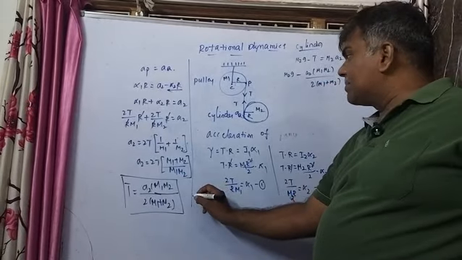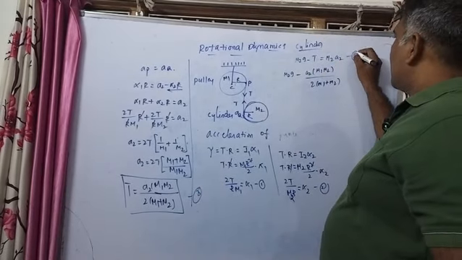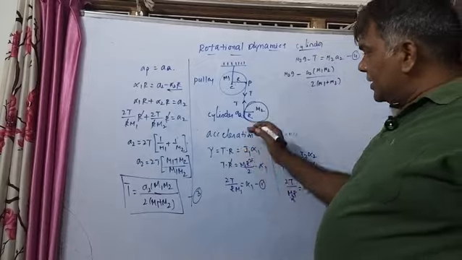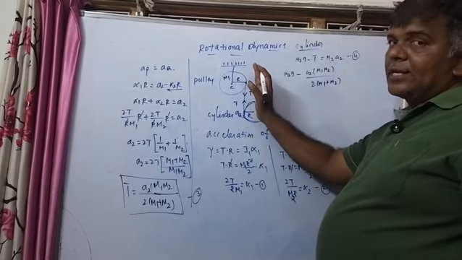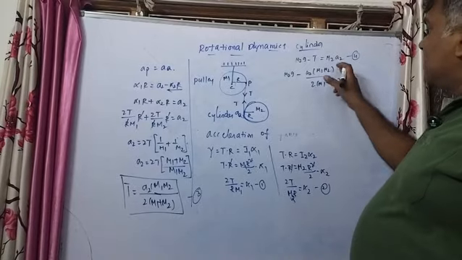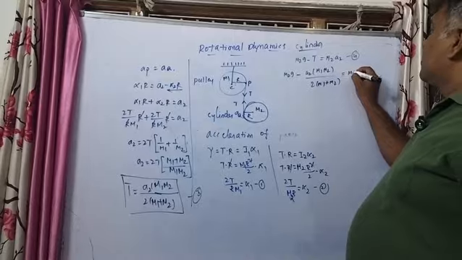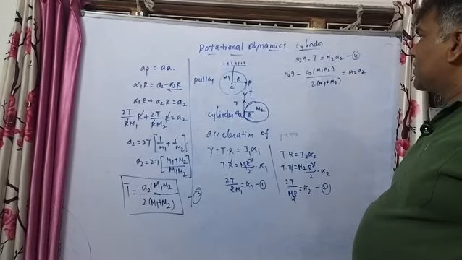This is equation number 3. This is substituted in equation number 4. How to write this? Weight is acting downwards and tension is acting upwards. As a result, M2 A2, where A2 is the acceleration of the cylinder. So that is equal to M2 into A2.